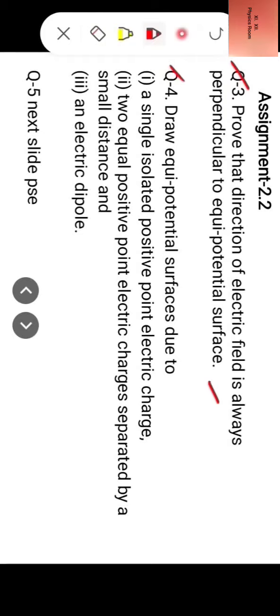Question number 4: Draw equipotential surfaces due to, number 1, a single isolated positive point electric charge; number 2, two equal positive point electric charges separated by a small distance; and number 3, an electric dipole.